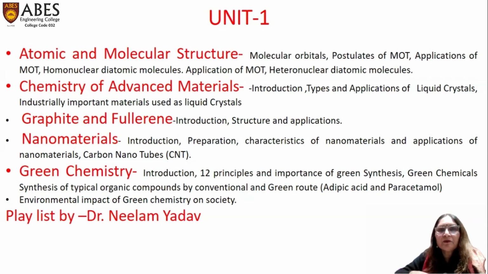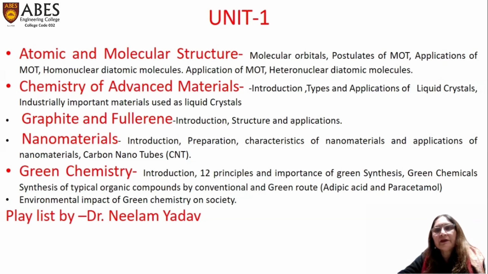In this unit, we will cover the molecular orbitals, postulates of molecular orbital theory, and we will also discuss the applications of MOT, that is homonuclear and heteronuclear diatomic molecules.